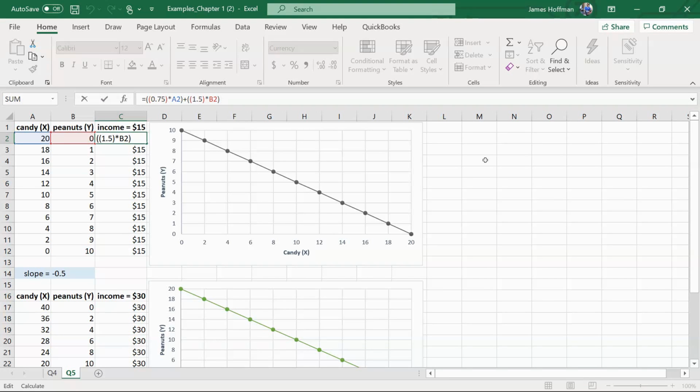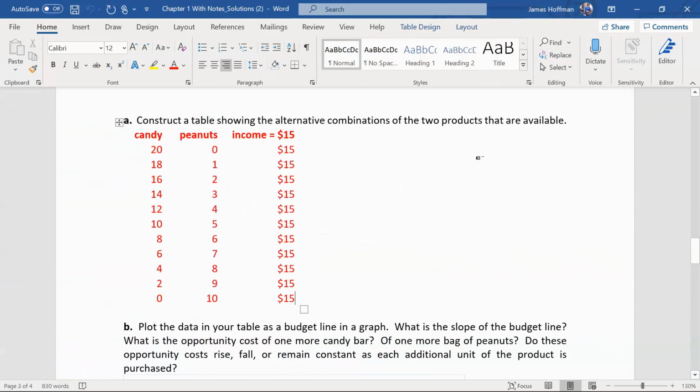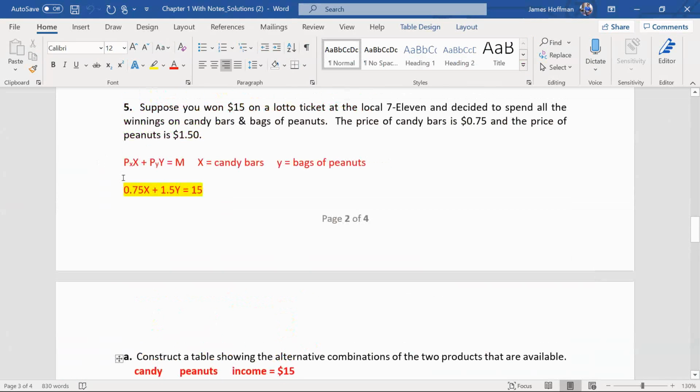So I just told Excel to equal the budget line. I put in this equation: 75 times what I buy of X plus 1.5 times what I buy of Y. Then if I can find all the combinations that give me 15, those are points on the budget line.